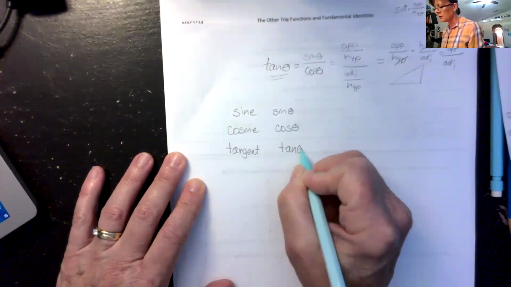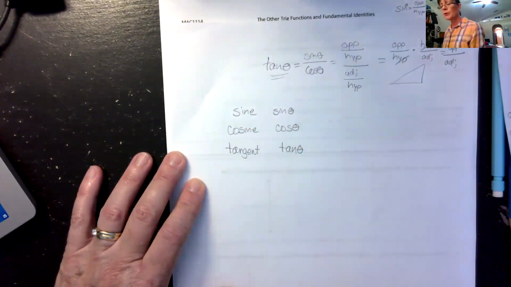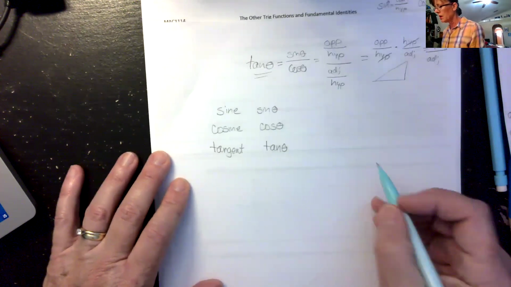So we just learned this new thing, tangent is equal to sine over cosine. But here are the reciprocal functions, and reciprocal is when you take 1 divided by that function.